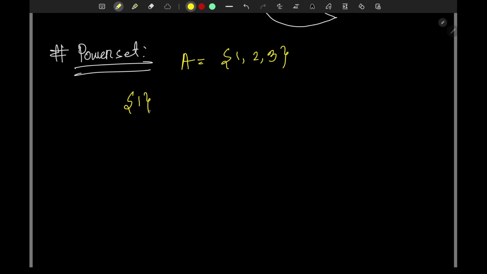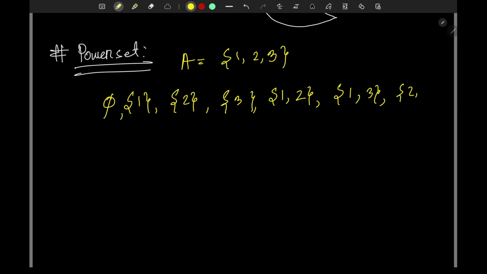One subset can be one, just one. And I mentioned before, the null set is always there, no matter what set you write. So the null set is there. Then you can form another subset which is 2, 3, and so on. You can take any two elements and form subsets. And surprisingly, you can even take 1, 2, 3 and call it a subset of A. Even though it's a subset, it's not a proper subset.